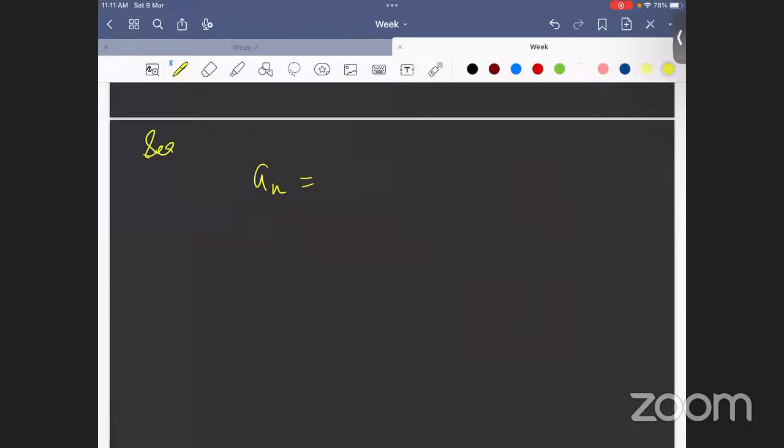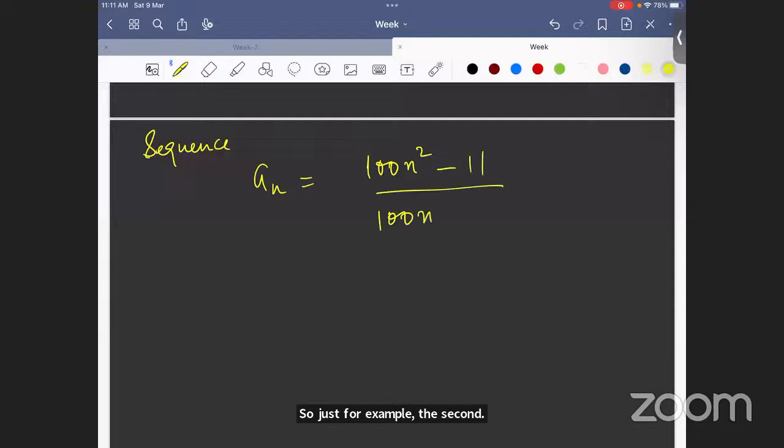So let's take for example this sequence. What should be the value for this function? Converging to 0.